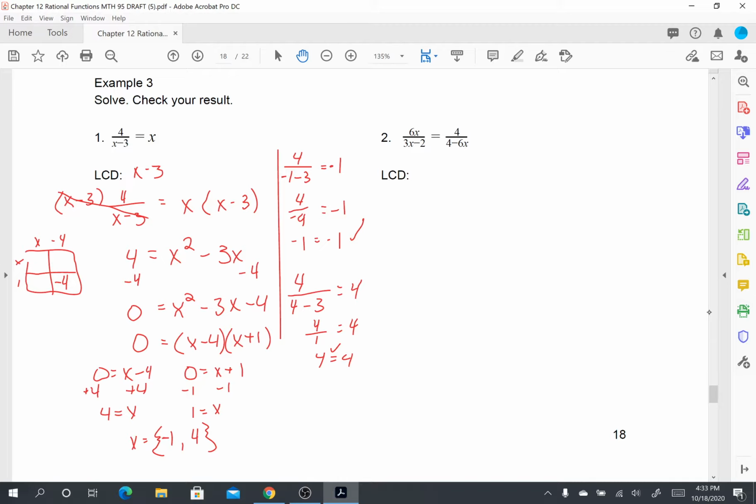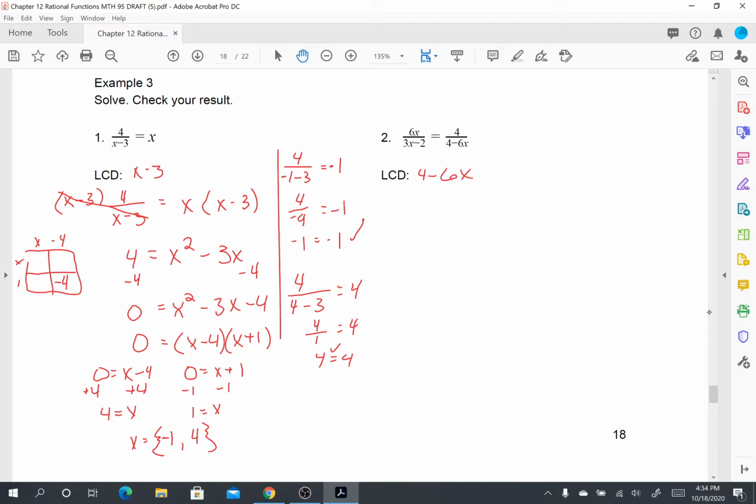So I'm going to say that our LCD is going to be 4 minus 6 x's. Let's see how that works out for us. I'm going to multiply the entire equation, or in other words, both sides of the equation by 4 minus 6x.